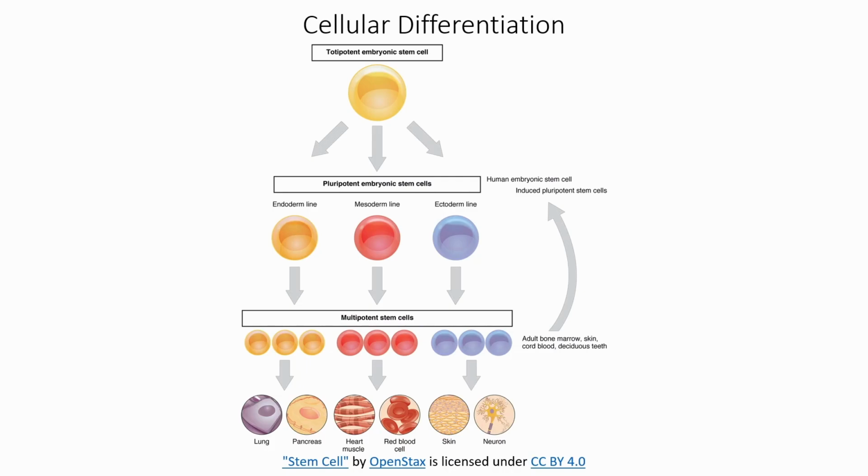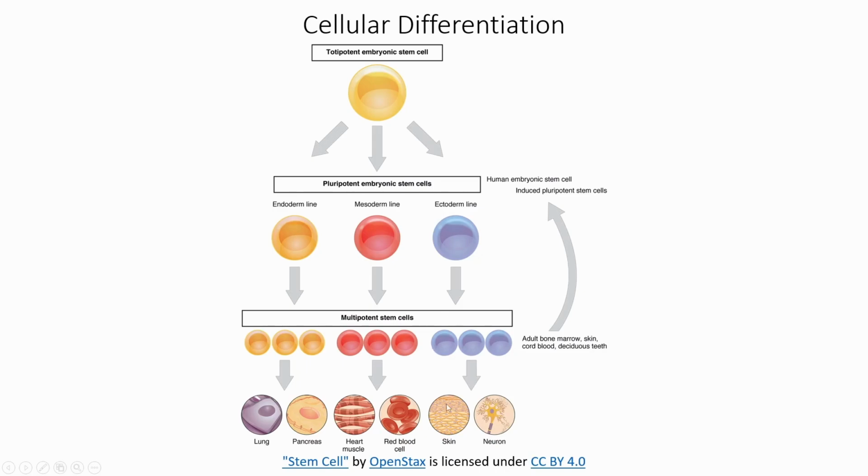The multipotent stem cells that come from these pluripotent embryonic ones are getting a little bit more narrow, right? In this case we see our endoderm line ones can become anything made from the endoderm, so like glands and inner organs like the lung and the pancreas. The mesoderm line become things like blood and the heart muscles, right?